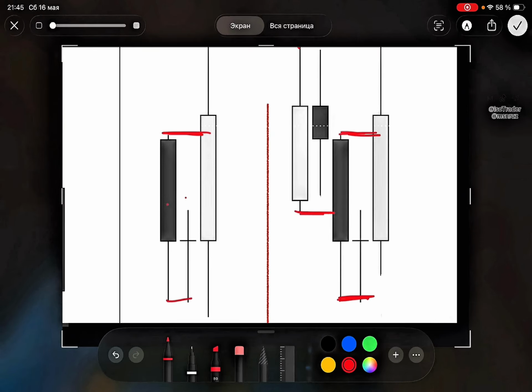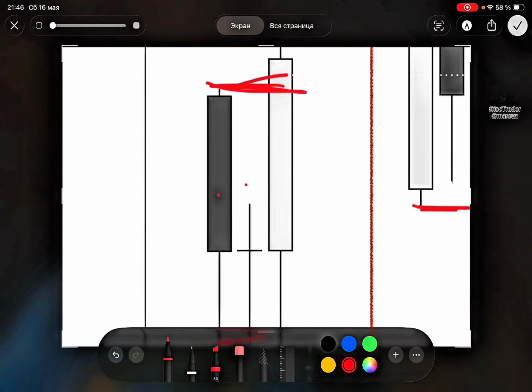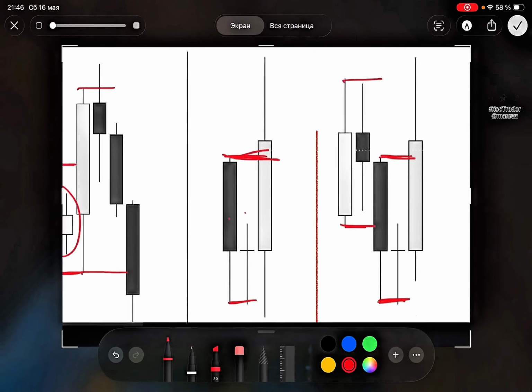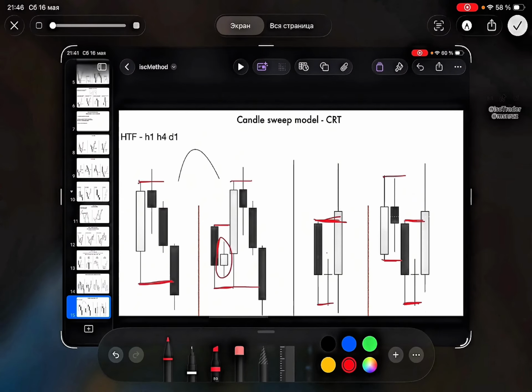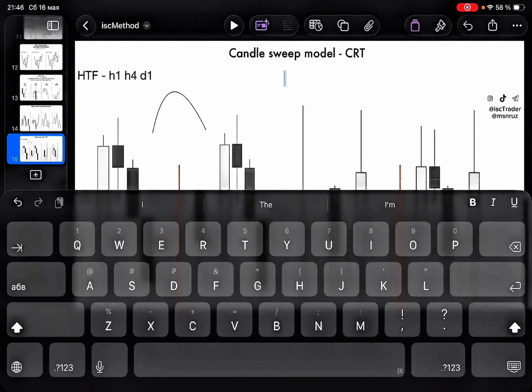Now, just because any candle swept like that, we enter a trade. It shouldn't be like that. There must always be a confirmation. We must always get the confirmation on the M1 time frame.